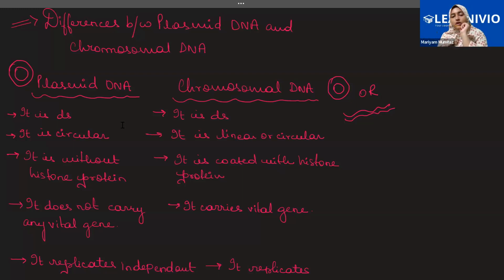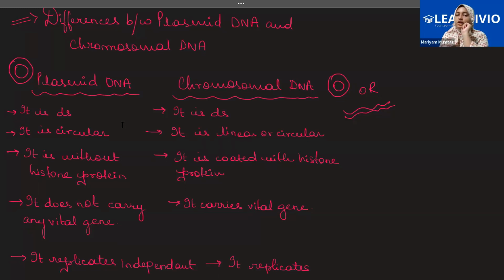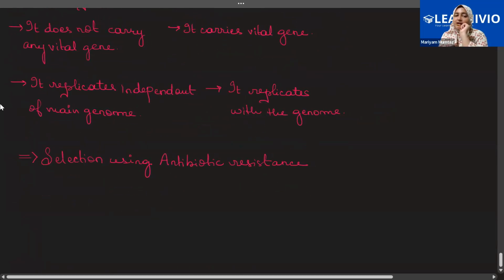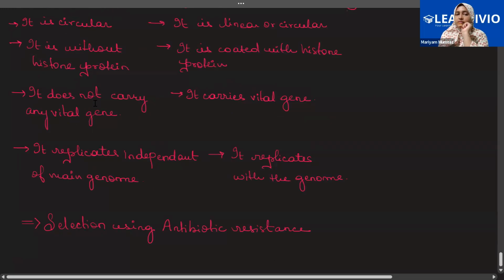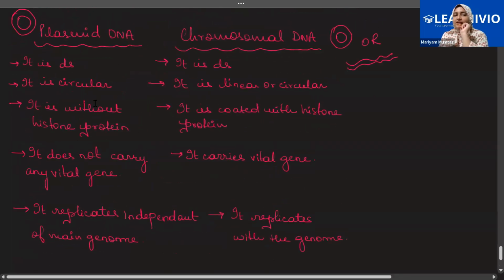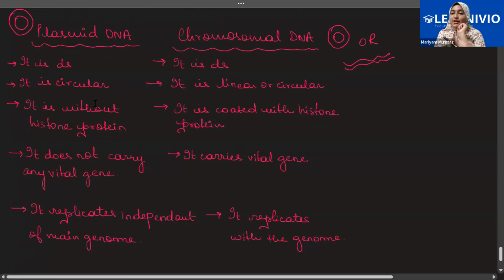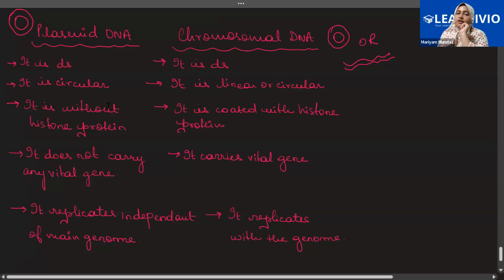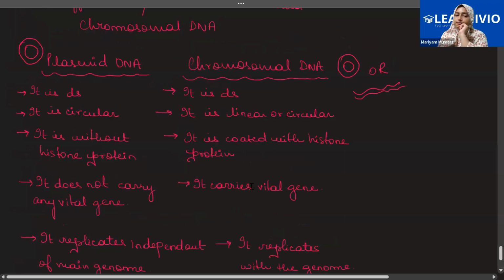In chromosomal DNA, obviously, all of the properties that the bacteria have are because of the chromosomal DNA, the DNA that is present on the chromosome. Lastly, plasmid DNA replicates independent of the main genome, meaning it doesn't require any regulatory body. Like I told you, it is autonomous. But chromosomal DNA is not autonomous. It replicates with the genome. Clear? So the differences between plasmid and chromosomal DNA are clear to you all?